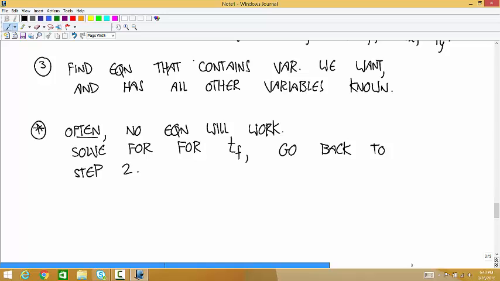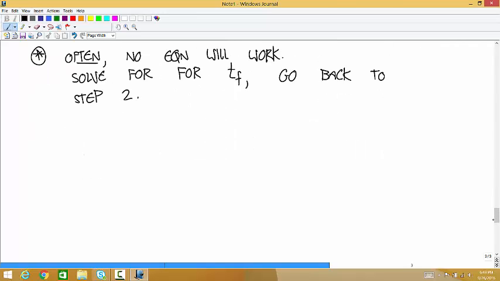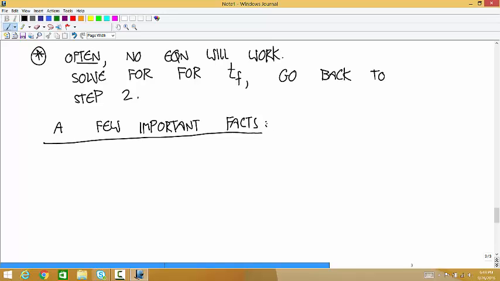Okay. There are a few important facts that we're going to use. The first one is if the y-axis is up, and just always do that for free fall.